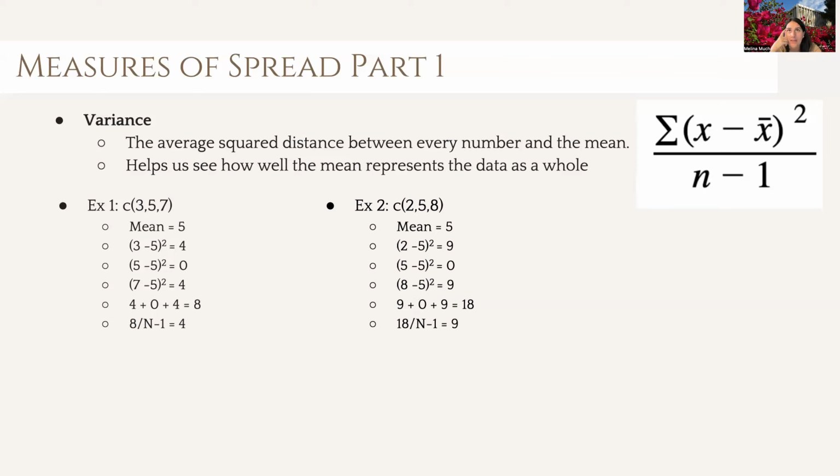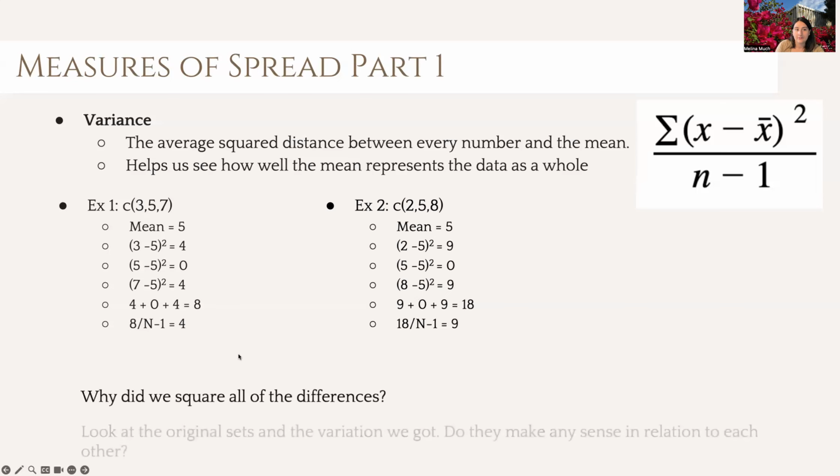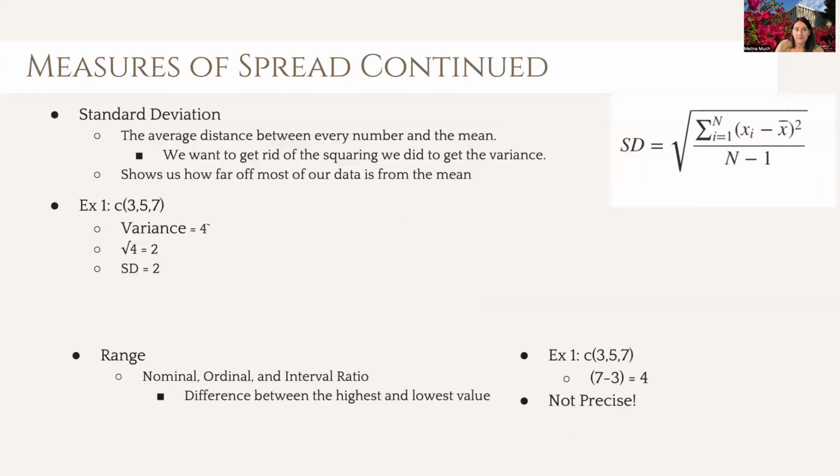But we had to square in order to get rid of the negative. So how would we then go about getting to a measure of spread that's a bit better representative of the set we originally had and doesn't have a negative? We need the standard deviation. So the standard deviation is the average distance between every number and the mean.